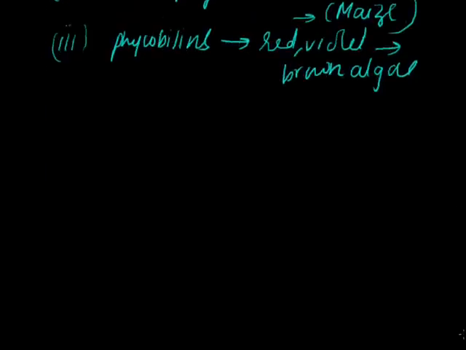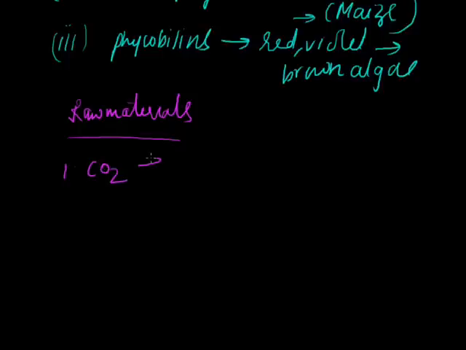Now, what are the important raw materials for photosynthesis? The first important raw material is carbon dioxide. Terrestrial plants obtain carbon dioxide from the atmosphere through the small openings present on leaves, which are called as stomata. Stomata are the small pores present on the surface of leaves.